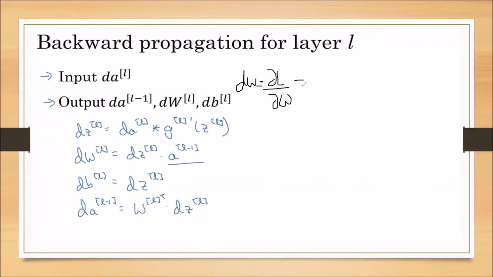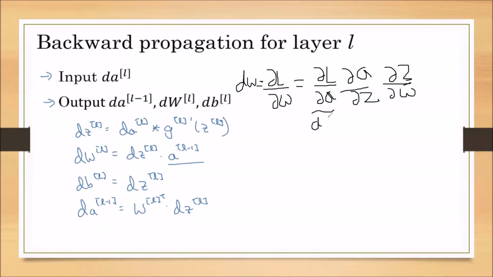In order to calculate the dou L by dou W, we are expecting to calculate dou L by dou A, because the loss function depends on only A and Y. And we are differentiating this A with respect to Z, and we are differentiating this Z with respect to W. Remember, this dou L by dou A, for our convenience, we are calling as dA. And the product of dou L by dou A and dou A by dou Z, we are calling for our convenience as dZ. And the product of all these three terms, we are calling as dW.